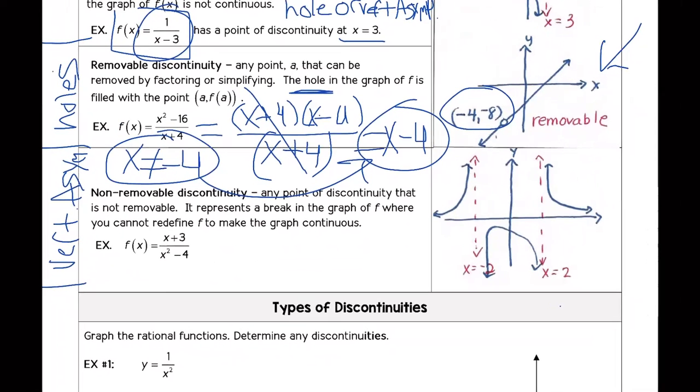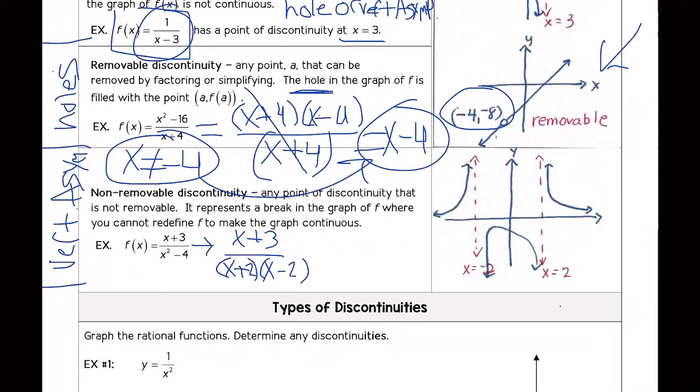The next thing we're going to look at is a vertical asymptote. A vertical asymptote is any value that you can't remove from the bottom of your fraction. So if you simplified this, also using the difference of squares, the bottom would be x plus 2, x minus 2.